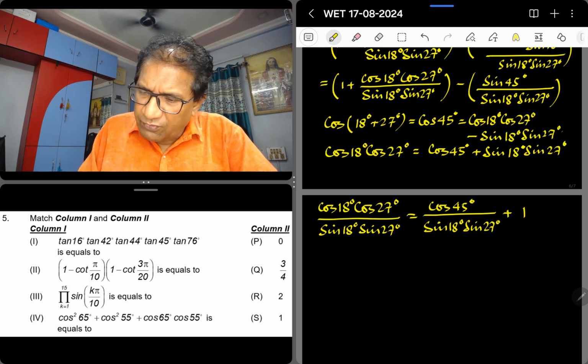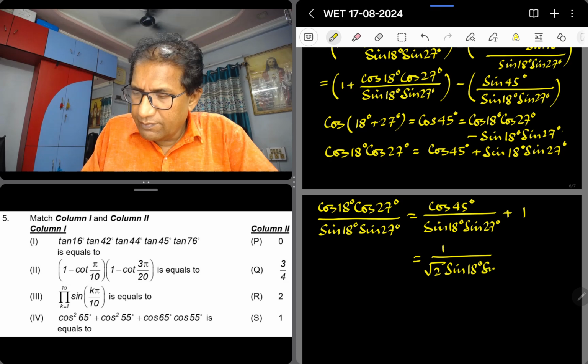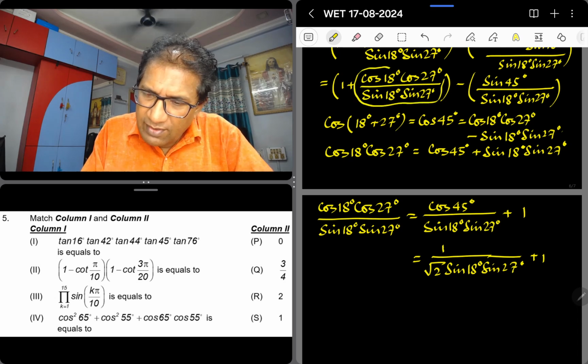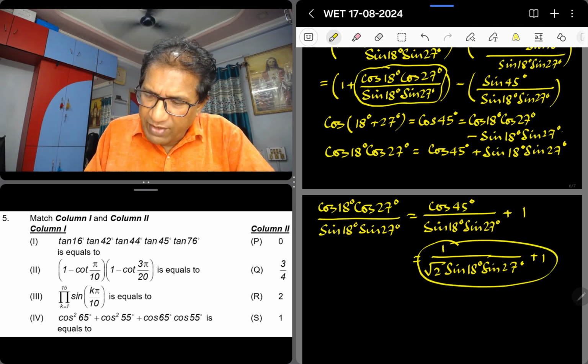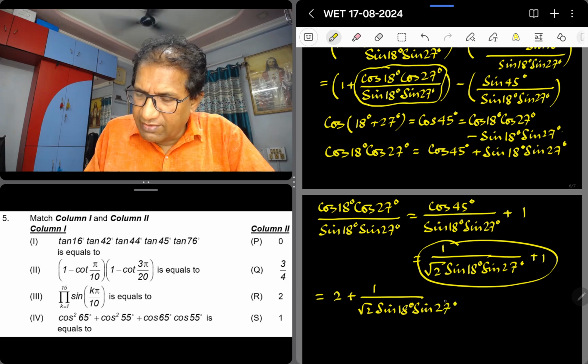Now, cos 45 degrees is basically 1 over root 2. So 1 over root 2 sine 18 sine 27 plus 1, right? So I will replace this part by this one. So we are having 2 plus 1 by root 2 sine 18 sine 27 degrees minus sine 45 degrees, which is 1 over root 2.